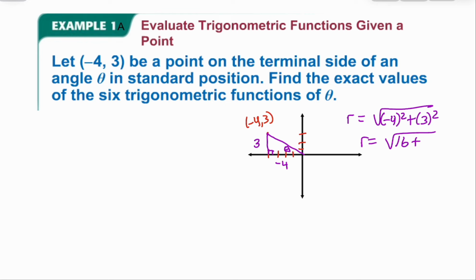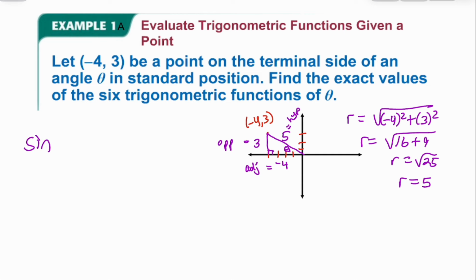So we get 16 plus 9, or the square root of 25, so our r is 5. Now that we know that, please note that our adjacent is always going to be our x, the opposite is always going to be our y, and the radius or the r is always going to be our hypotenuse.